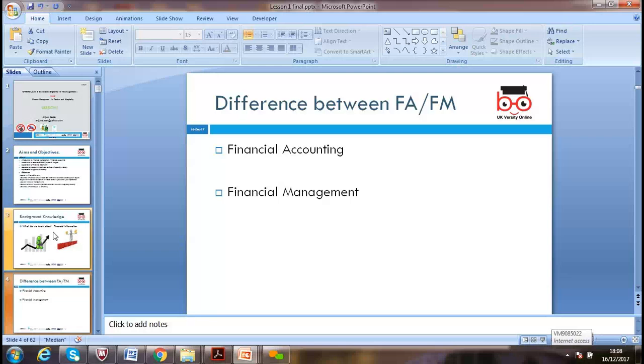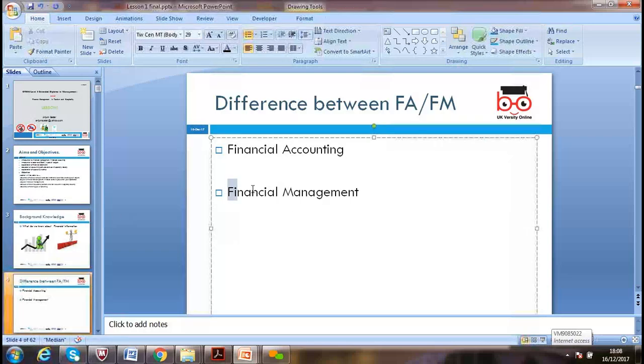Then another institute is for the management accountant, CIMA, the Chartered Institute of Management Accountants. One is dealing with financial management, which deals more with costing, how much things cost me. Financial accounting is just recording.